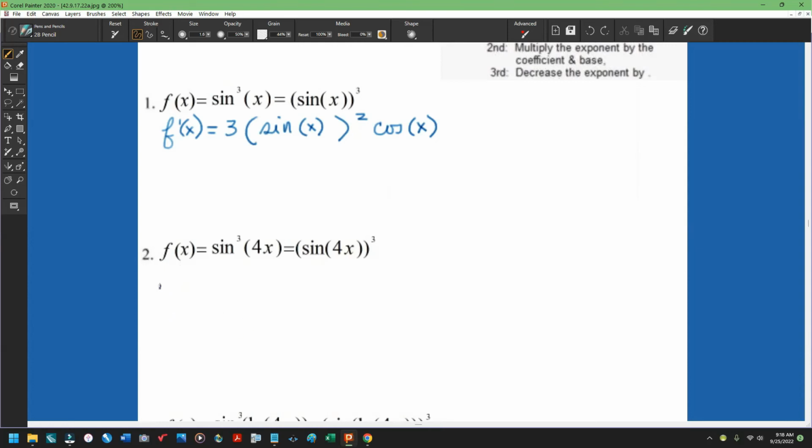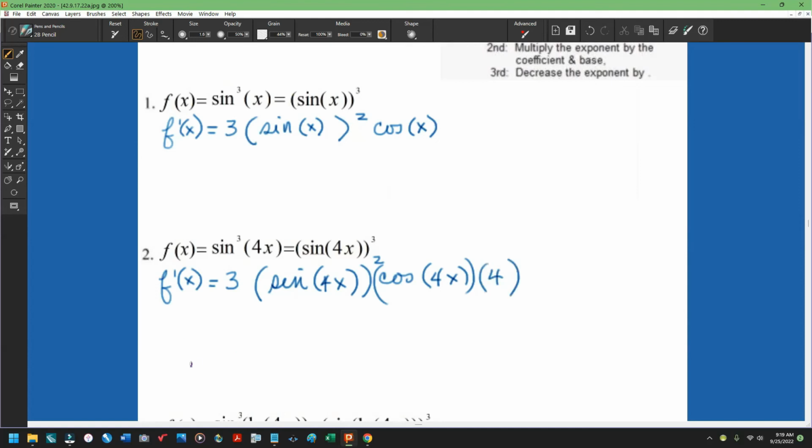Next, the derivative is the derivative of the outer evaluated at the inner times the derivative of the inner times the derivative of the new inner. That's the new inner. Done. I'm not even going to simplify it.